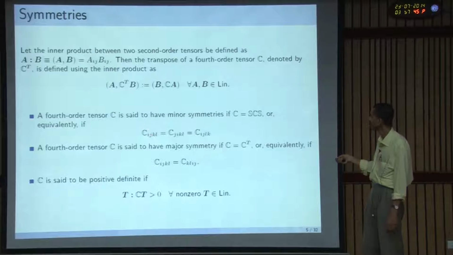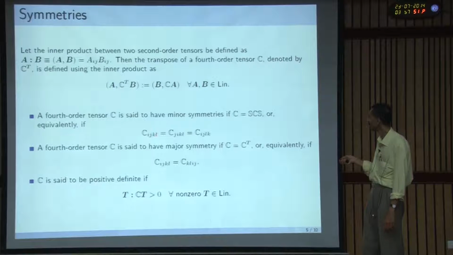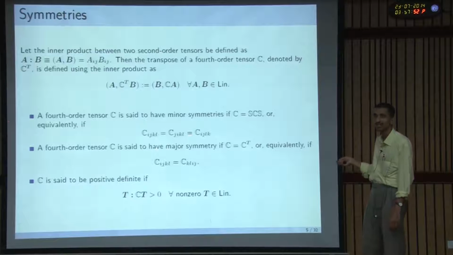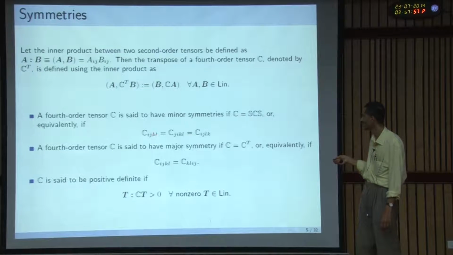If you interchange the i and the j, and it remains the same, or if you interchange the k and the l, and it remains the same, then it is said to have minor symmetries. That means in the first 2 indices or the last 2 indices. It is said to have major symmetry if you interchange the whole ij with kl. So if Cijkl is Cklij, then it is said to have major symmetry.